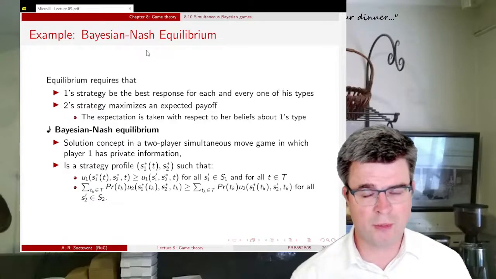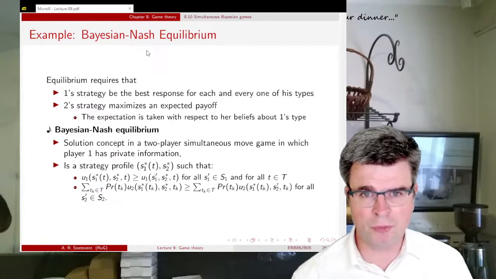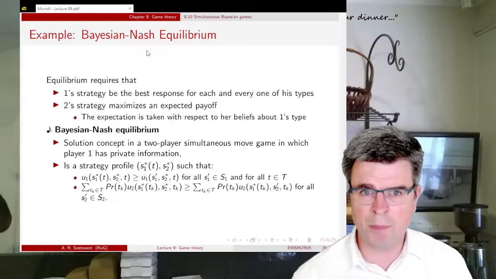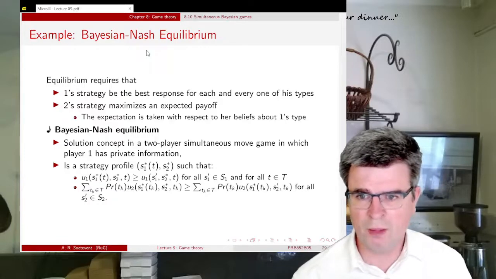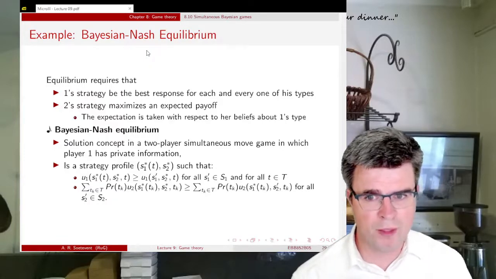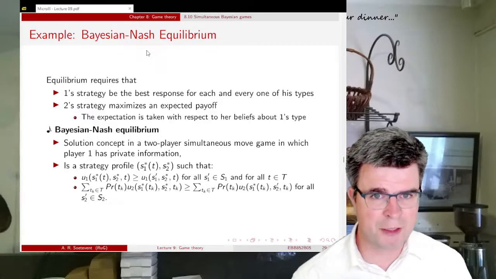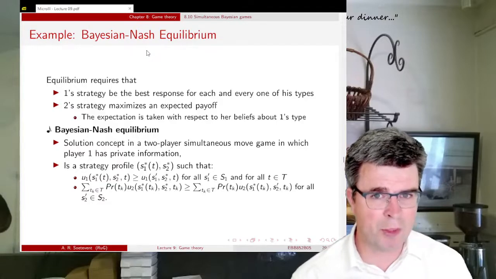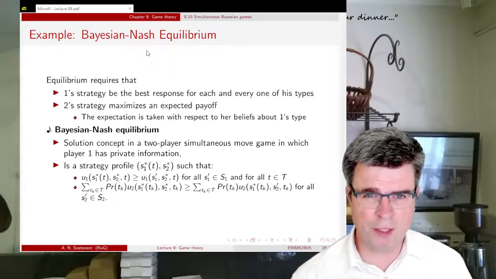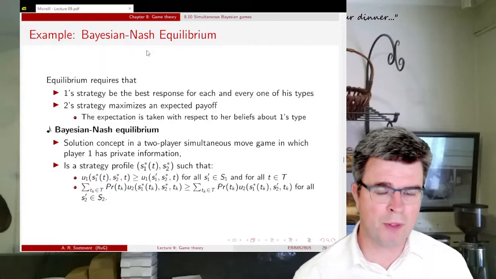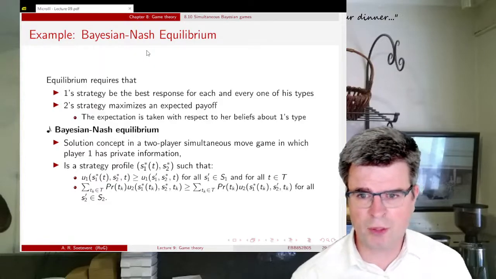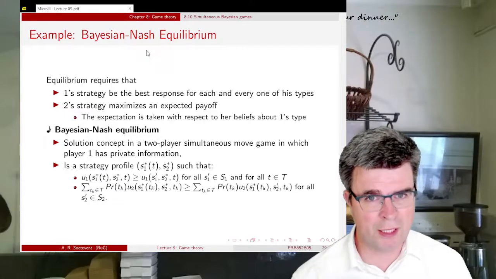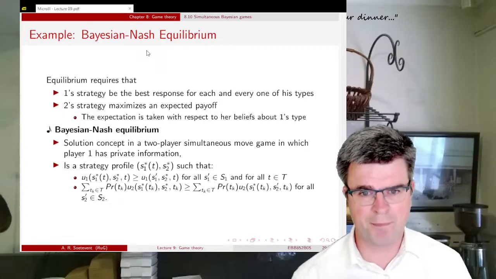So he needs to decide, okay, if I'm of type 0, what's the optimal thing to do? And if I'm of type T is 6, what is the optimal thing for me to do? And player 2 maximizes an expected payoff because he knows the probabilities that player 1 is of a certain type, but he doesn't know exactly which type player 1 is in a given instance. So she needs to take the expectation with respect to the belief she has about player 1's type.